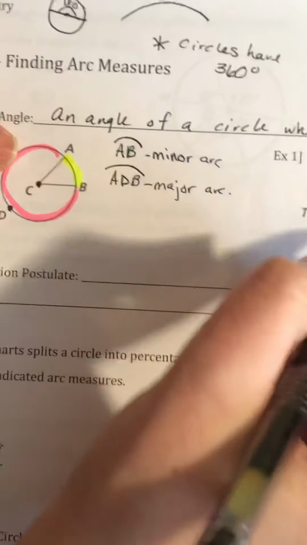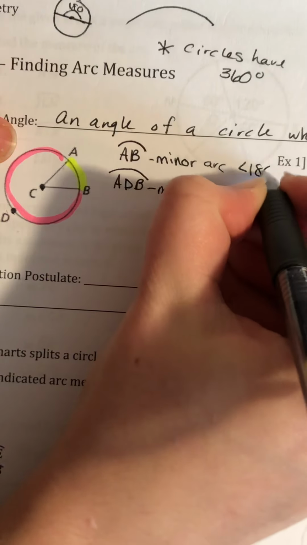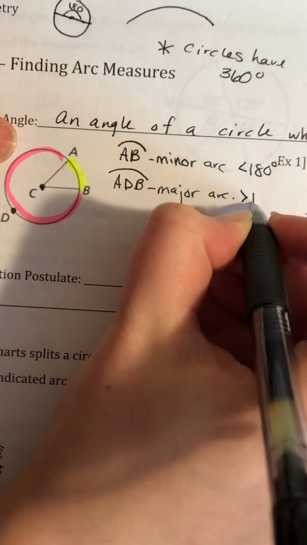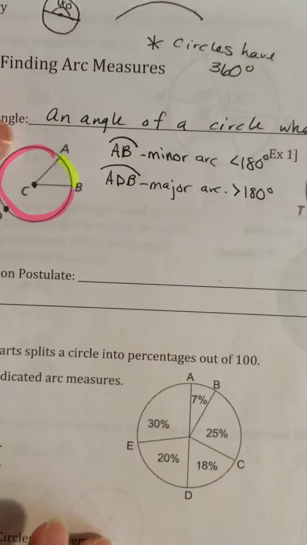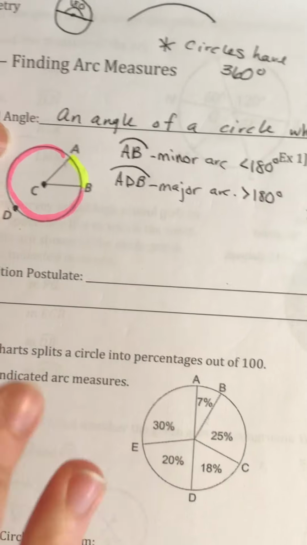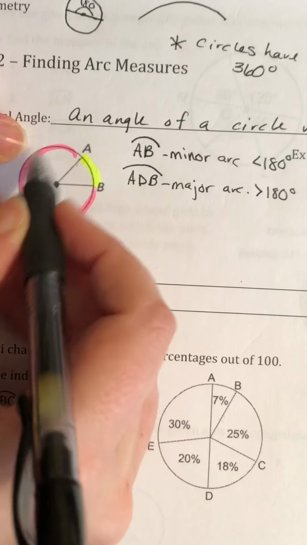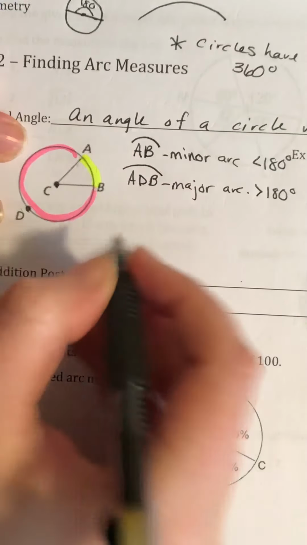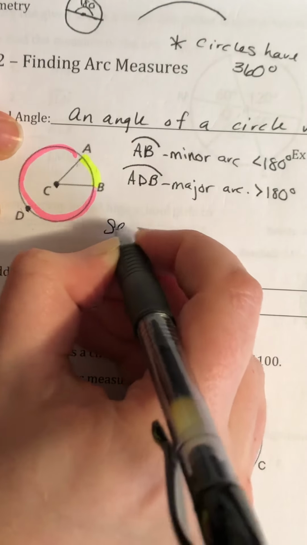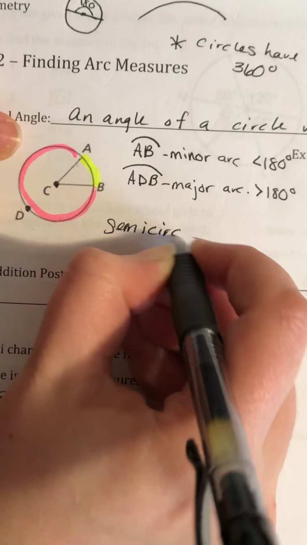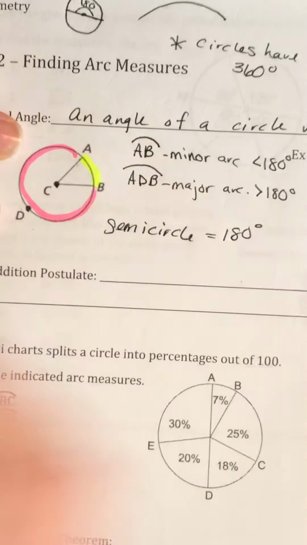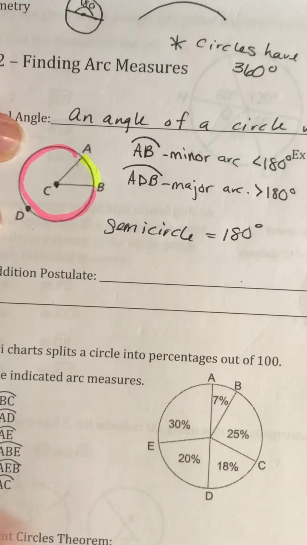So a minor arc is going to be less than 180 degrees, and a major arc is going to be greater than 180. The difference is, are you going the long way or the short way? And if you're doing exactly half, we call that a semicircle, which is exactly equal to 180 degrees.